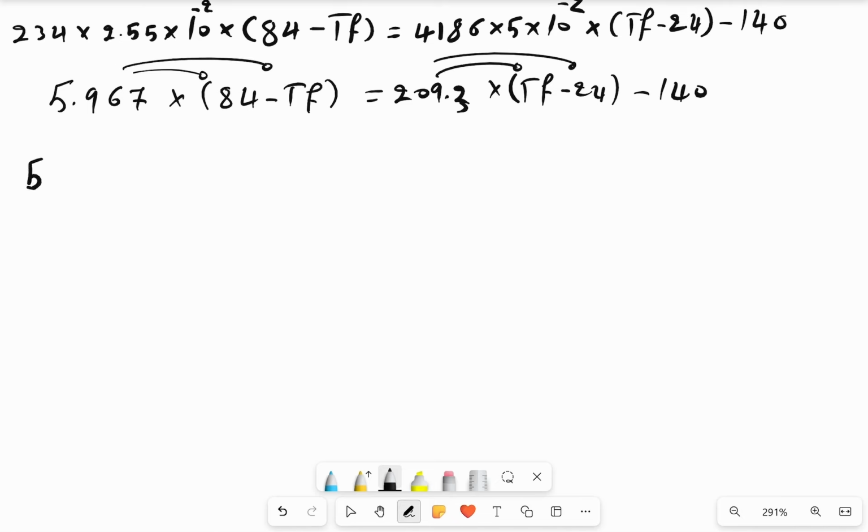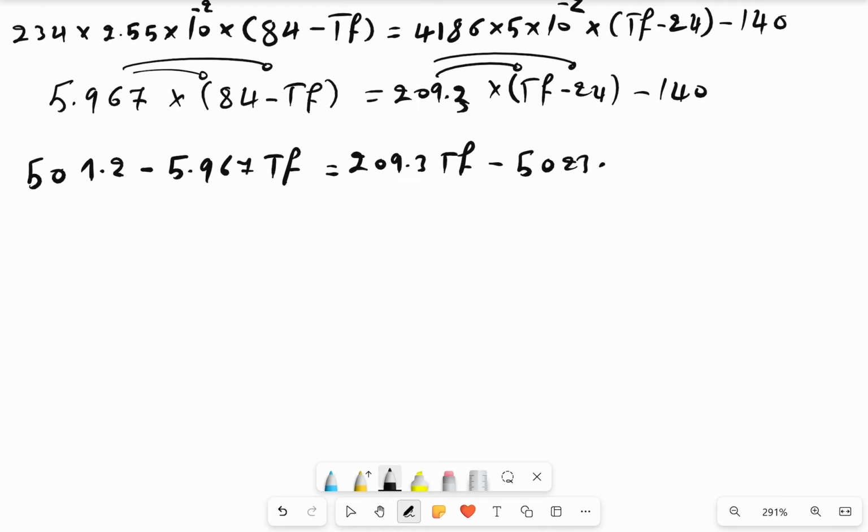We have 501.2 minus 5.967 T final, which is equal to 209.3 T final minus 5,023.2, minus 140.